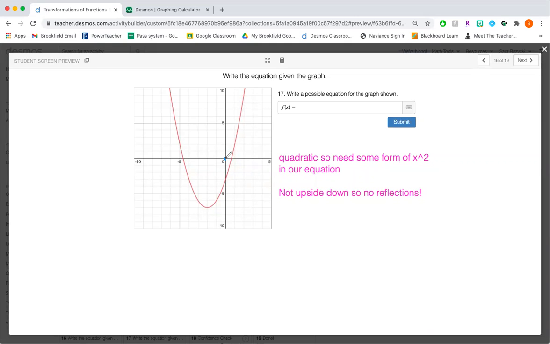So this one, if I look at that, this was shifted over 2 to the left. So this was shifted to the left 2 and down by some amount. Let's see how far down it went. 1, 2, 3, 4, 5, 6, 7. Went down 7.